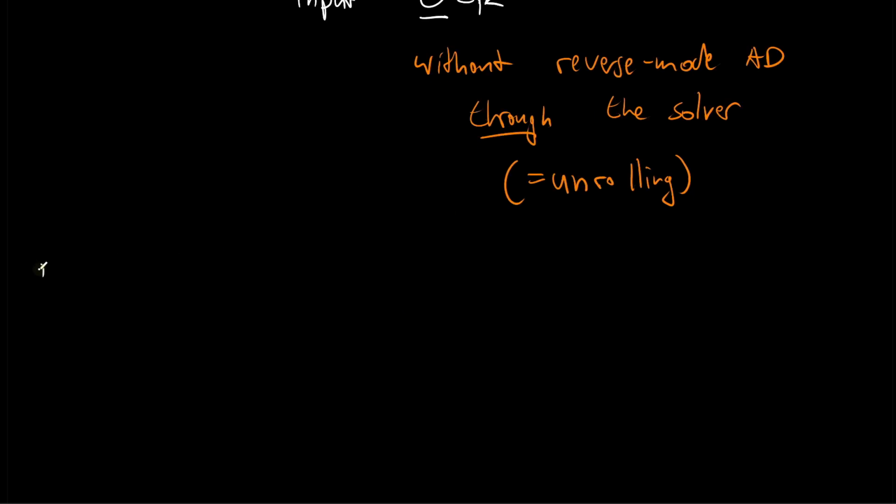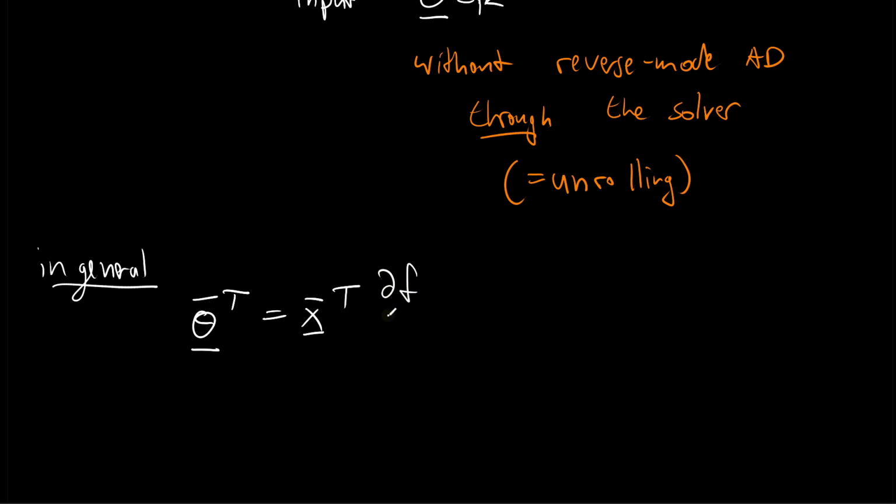In general, we know that the rule for backpropagating cotangent information is that we get the cotangent on the input transpose as the cotangent on the output transpose, multiplied with the Jacobian of the function over which we want to backpropagate. So this is df by d theta. I already said it, this one here is the Jacobian of the function.